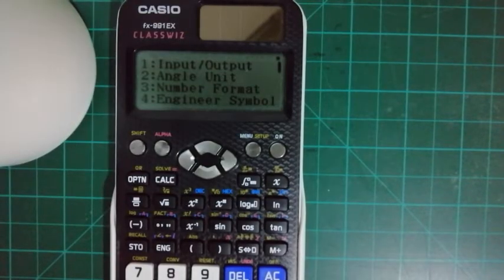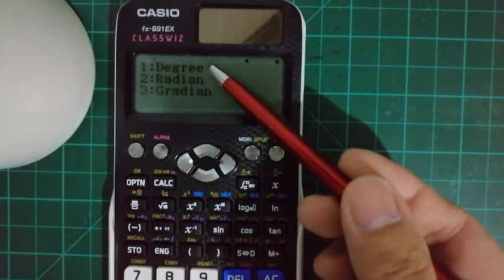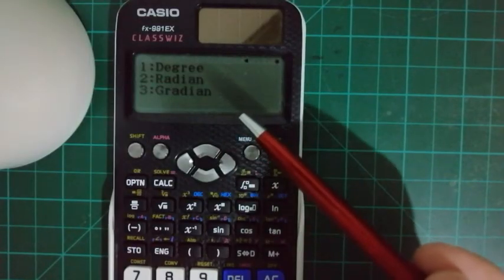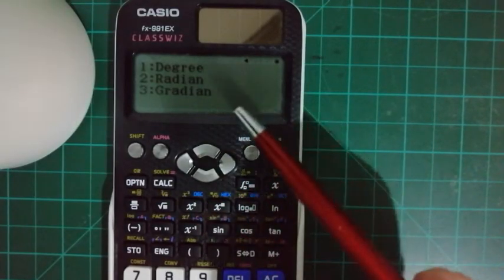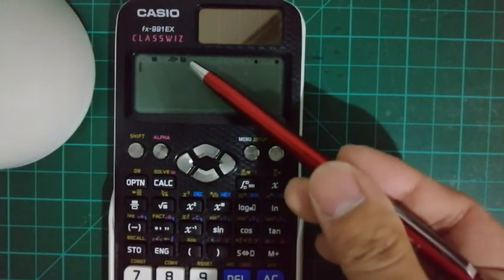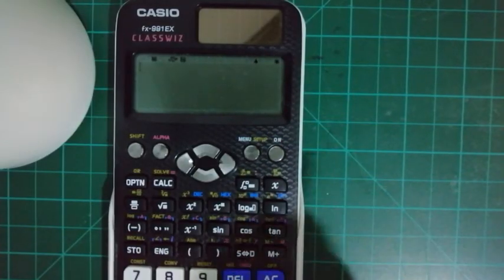Then hanapin nyo lang yung angle unit or mode para sa mga angles ninyo. In this case, I need to select 2. Dapat nasa deg mode tayo or degree mode. Make sure na degree mode ang gagamitin nyo kasi ang ini-input natin sa mga trigo functions natin ay degrees. So, pagka sinelect ko yung degree mode dyan, dapat may lilitaw na letter D rito. Okay? At pag ganon, pwede na natin gamitin yung calculator.